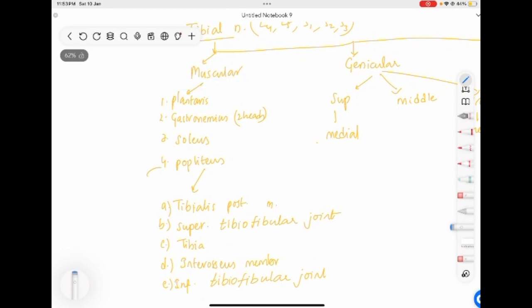The muscular branch supplies the plantaris, the 2 heads of gastrocnemius, soleus, and popliteus, right? And the nerve to popliteus also supplies the tibialis posterior muscle, the superior tibiofibular joint, tibia, interosseous membrane, and inferior tibiofibular joint.